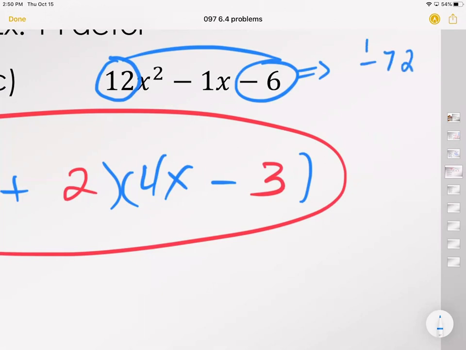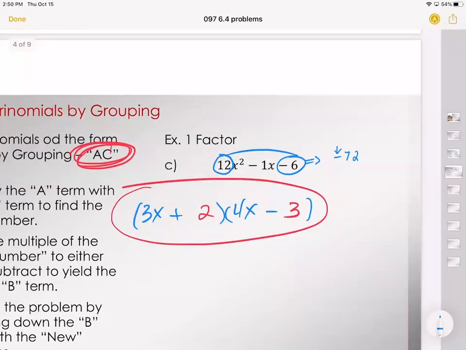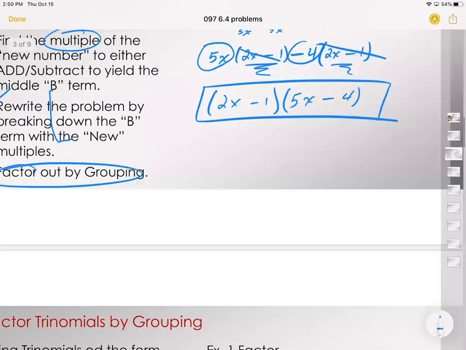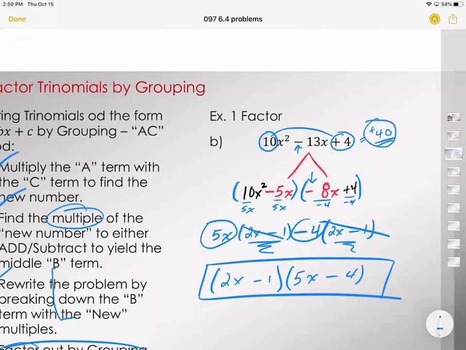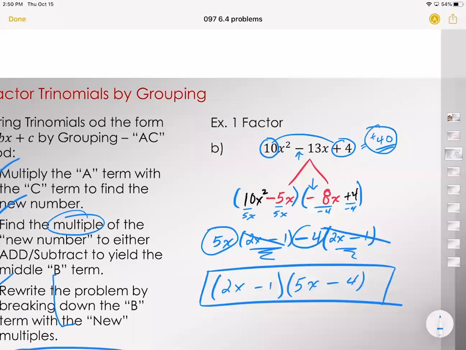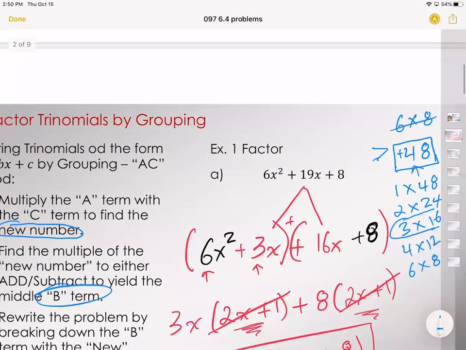Last time we had a positive 40, so we think in terms of addition, and here we have a positive 48, so we think in terms of addition.